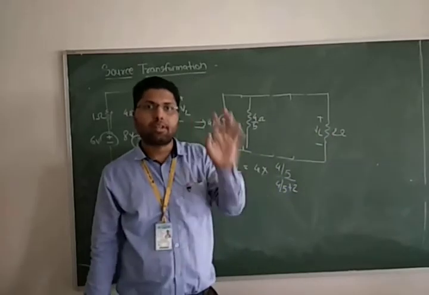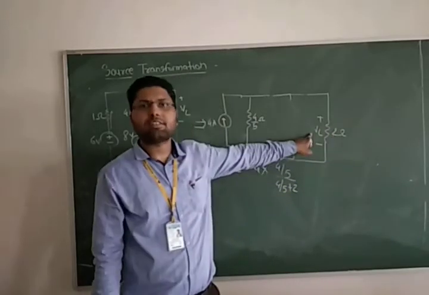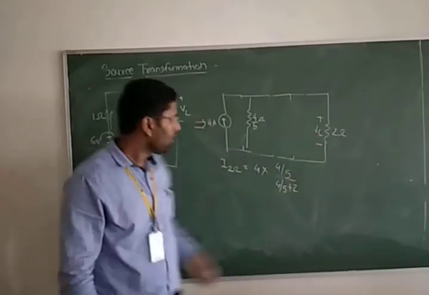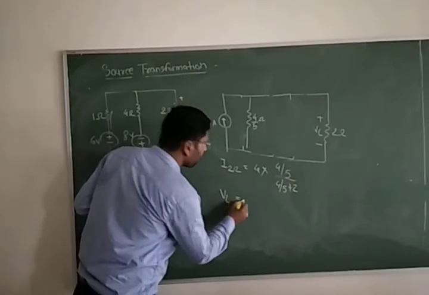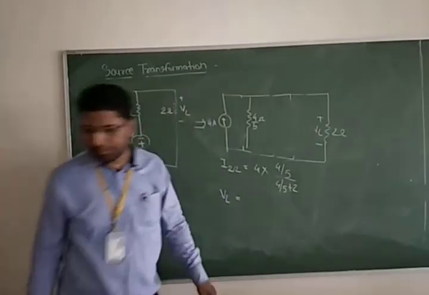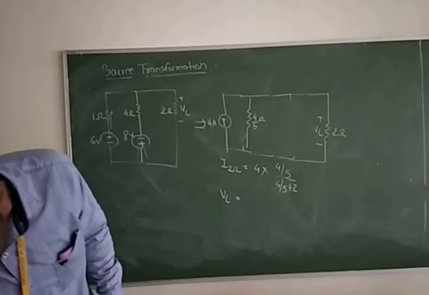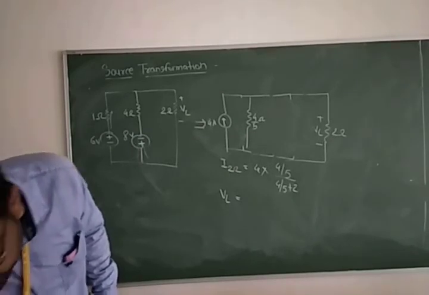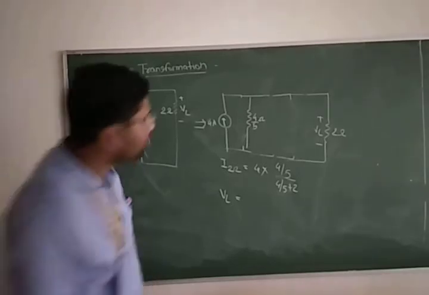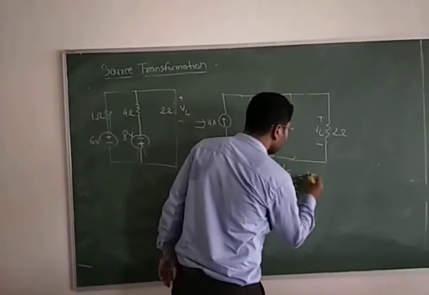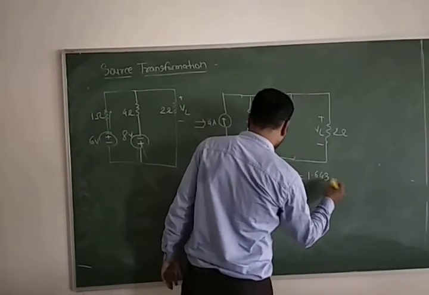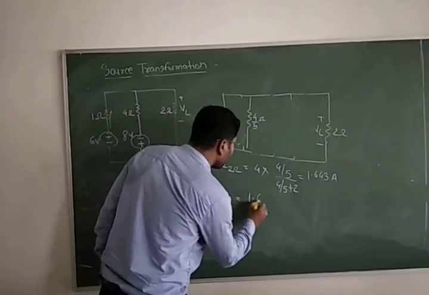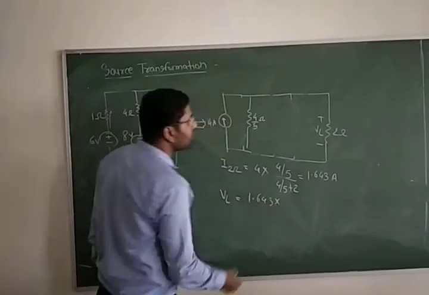Once you get the current through the 2 ohm resistance, it is easy to calculate the voltage across that load resistance. Suppose the value coming is, I will tell you directly, 1.643 amperes. You calculate yourself. So how to calculate the load voltage? By Ohm's law, 1.643 into resistance 2 ohm.